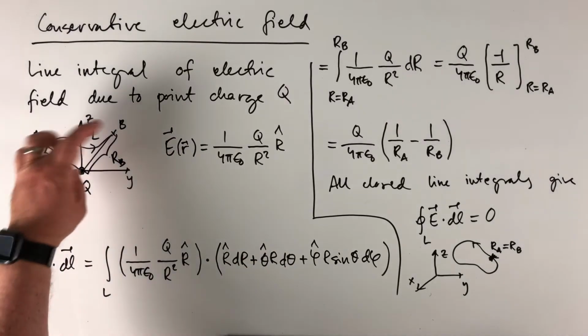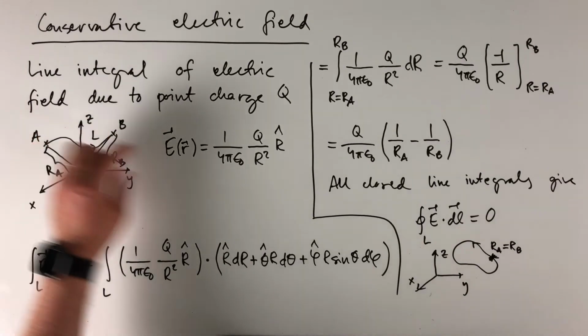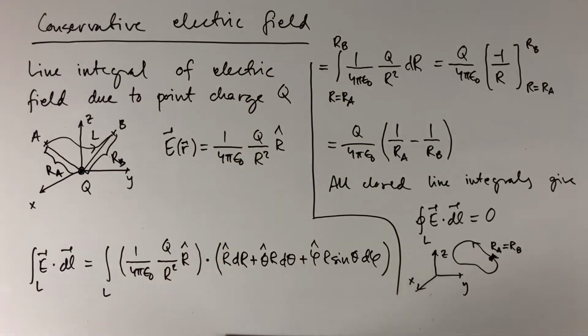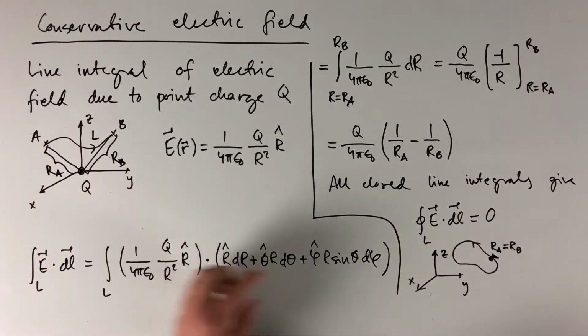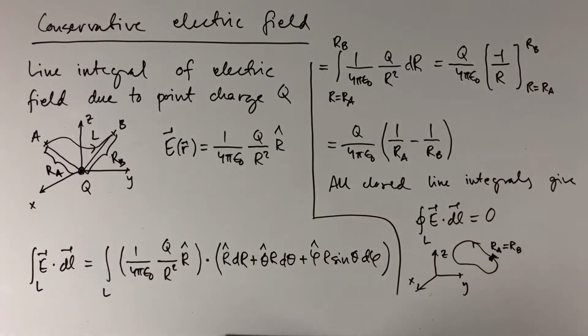So as long as these two are at different places, so to speak, that we've moved effectively in the radial direction as we move along that curve, this will give a non-zero integral. We can realize that.